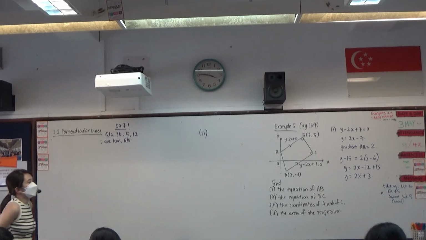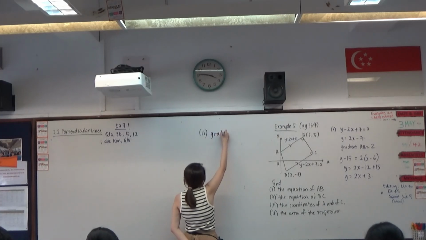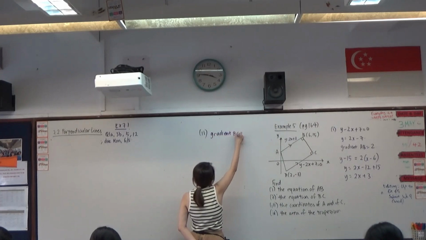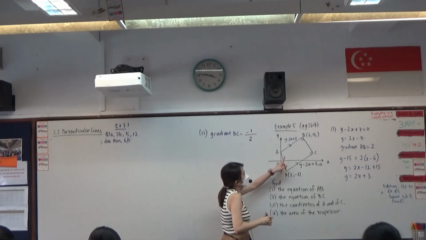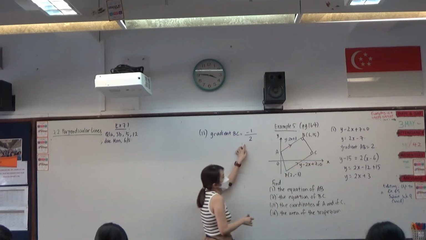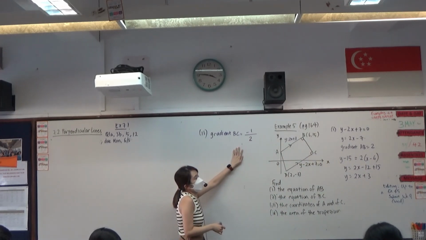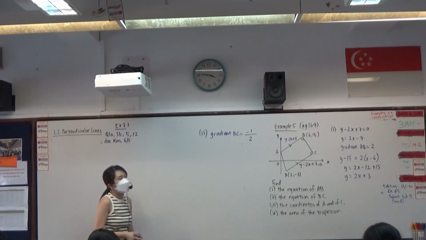So what would the gradient actually be? We can get negative 1 divided by 2, because the gradient of AB, we already know that it is 2. So because of the perpendicularity of BC and AB, I'll take negative 1 divided by the gradient of AB.